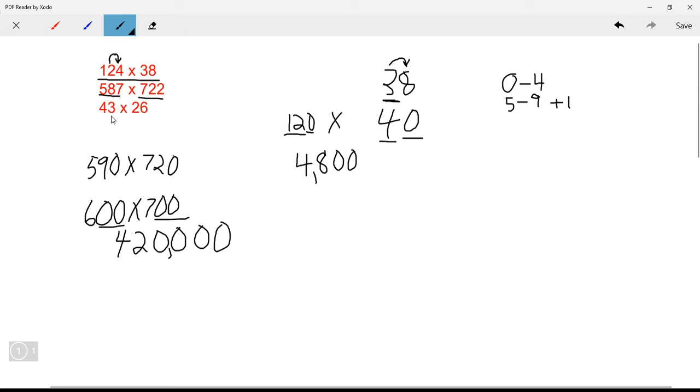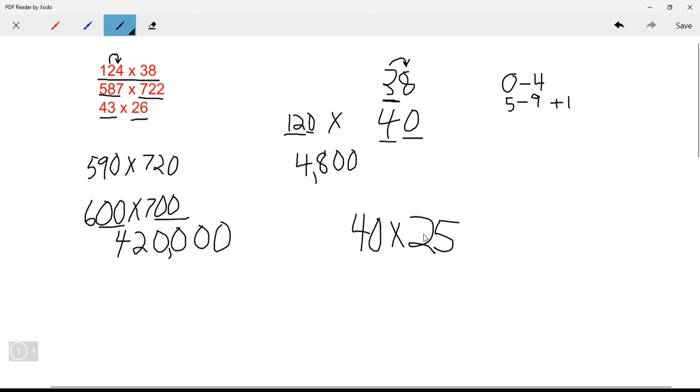Now, I also want to talk about rounding in a specific way. 43 times 26. Another way to round, which would be with compatible numbers. Now, 26, I could round up to 30, right? But I could also do 40, round this 43 to 40, and then I could round the 26, not really round, but use a compatible number of 25.